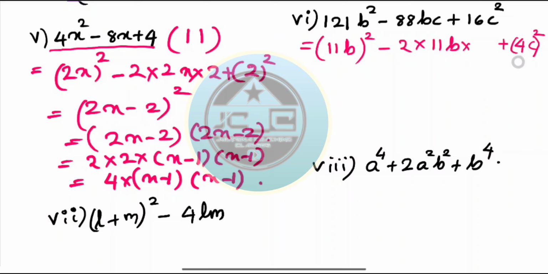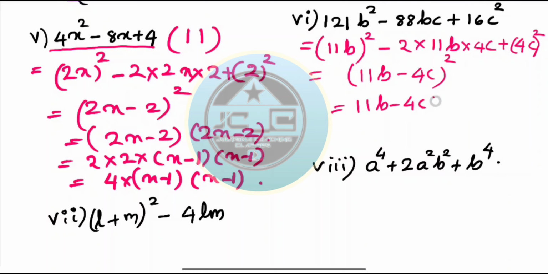So in the place of b we have 4c. You multiply this: 11 into 4 is 44, into 2 is 88bc. Clear? Nothing has been changed. So 11b minus 4c. Identity 2 is used: 11b minus 4c into 11b minus 4c. Clear? This is the final answer.